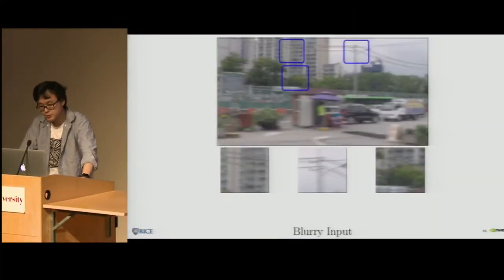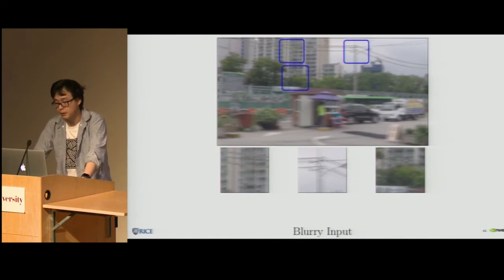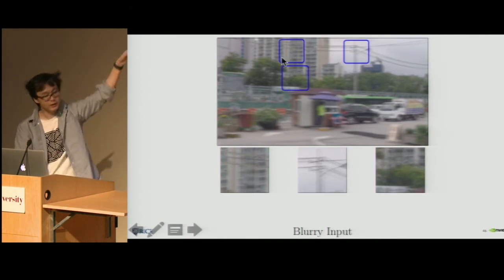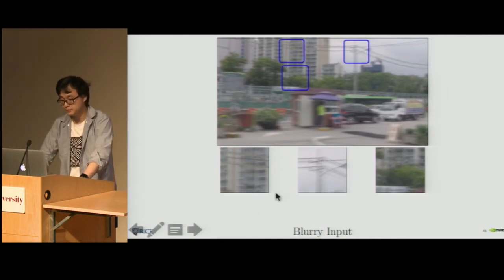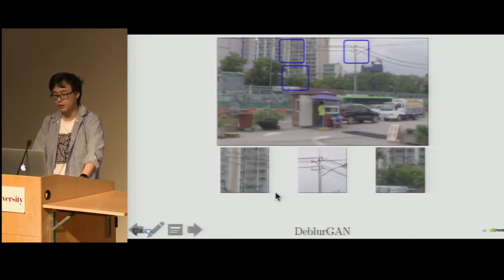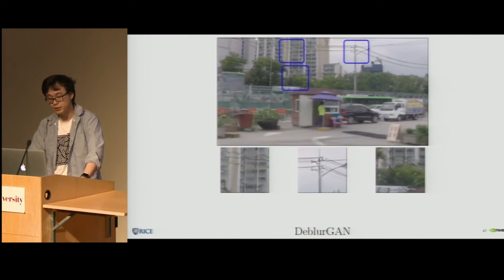Now take a look at this result. In this example, please look at the deblur results on the building images, especially around the window corner and also the pole. In the baseline deblur results, there are unreal artifacts or saturated colors around the windows.